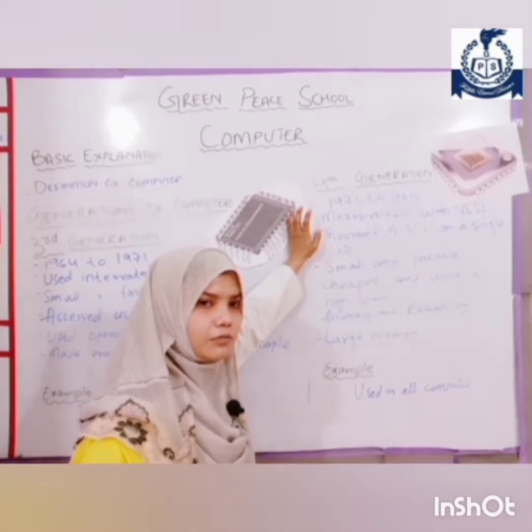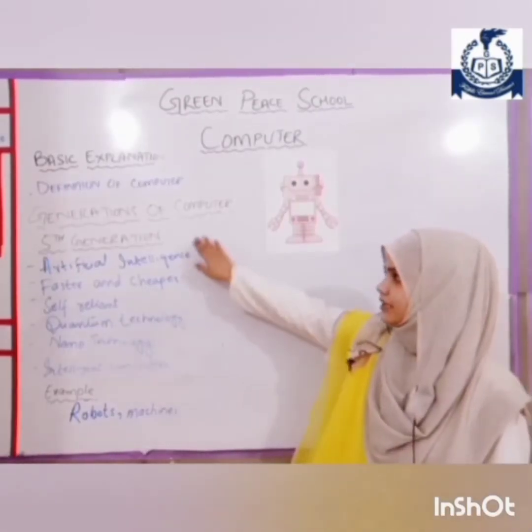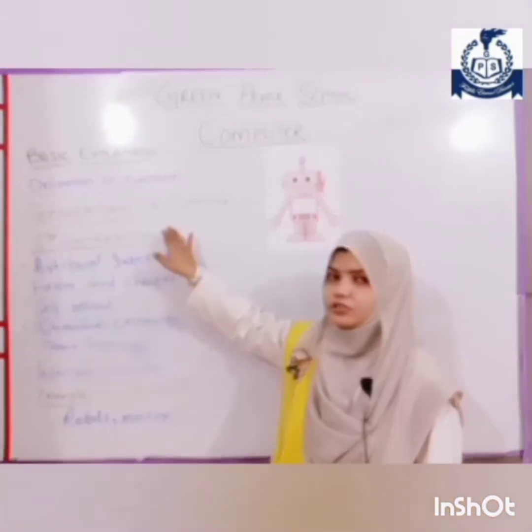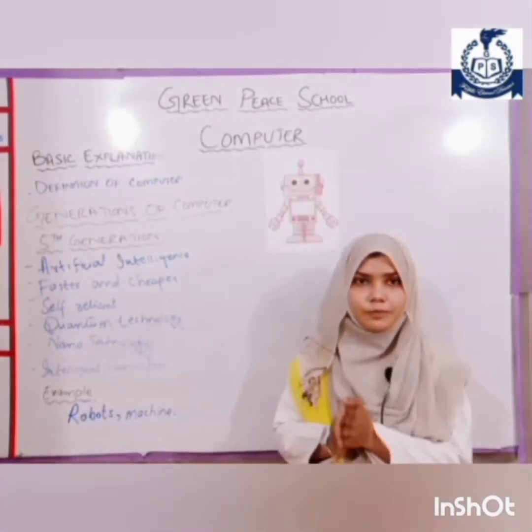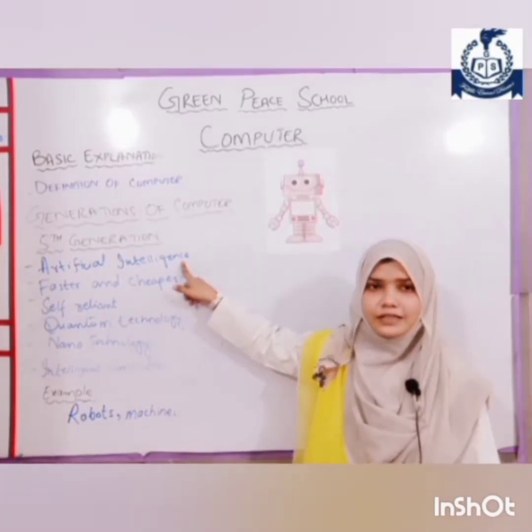So now come to the fifth generation. Okay, so next and last generation is the fifth generation. The future is the fifth generation computers, which will be based upon artificial intelligence and are still in a very nascent stage.